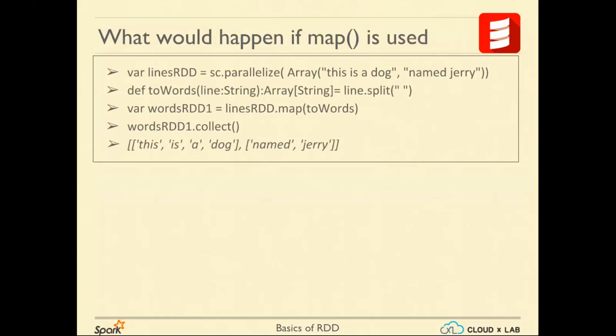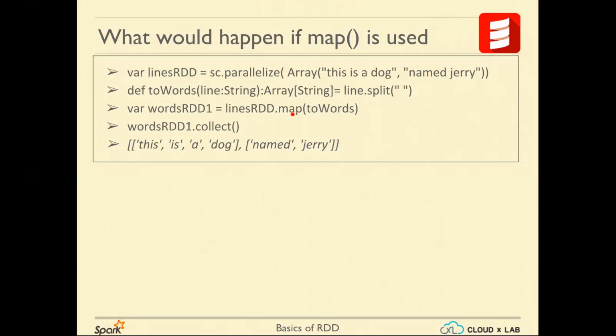What you see is, since we used map instead of flat map, the outcome still has two records, just that the data type of the record has changed from a string to an array. That's the difference when we use map instead of flat map.